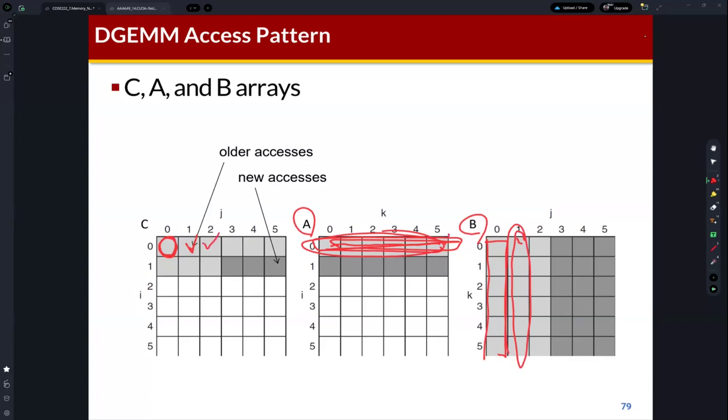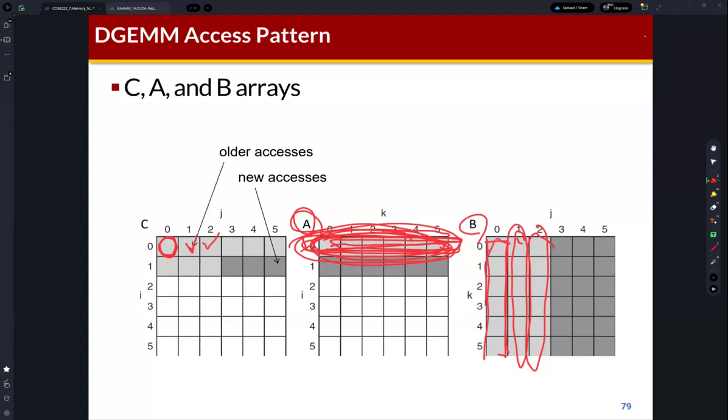For this element, we require this row and this column. What can you observe? For the matrix multiplication kernel, the row data of matrix A are repeatedly used. What does that mean? We can observe high, strong data locality, right? These data are repeatedly used. But how about the column?